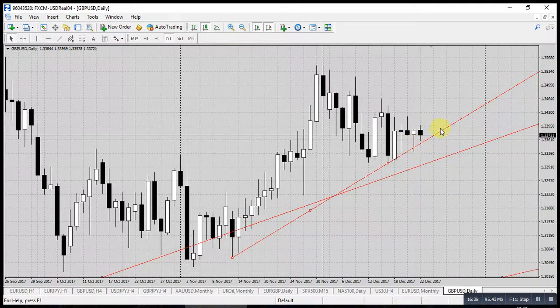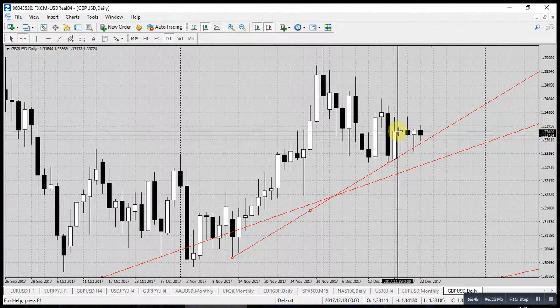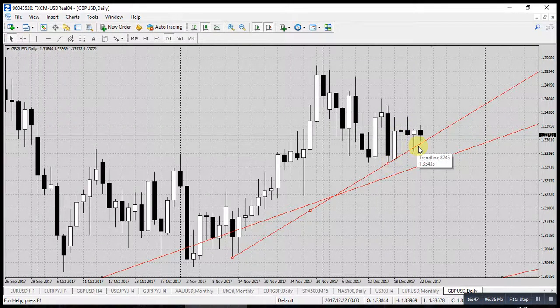Some guys maybe can wait for a reversal pattern in order to open the trade. Some guys just use touching. Once price comes to the line, buy or sell regarding the trend line, and put the stop loss, let's say below or above, again according to the trend, the previous higher low or lower high.